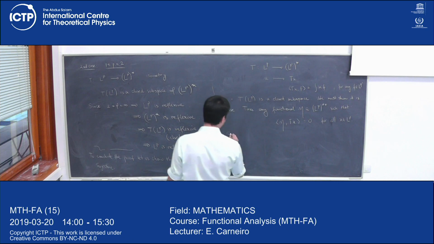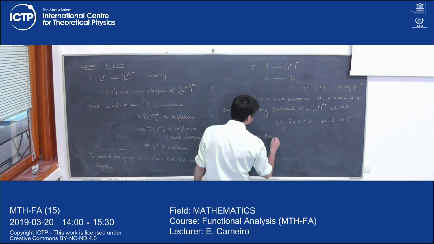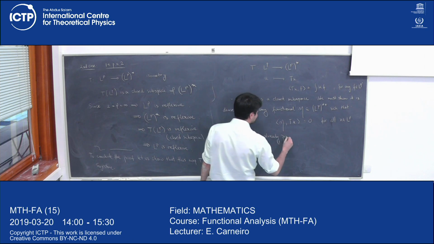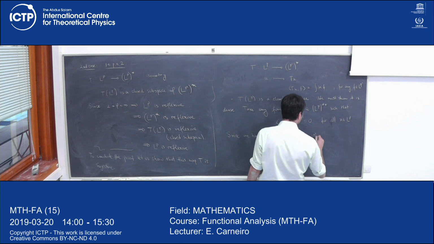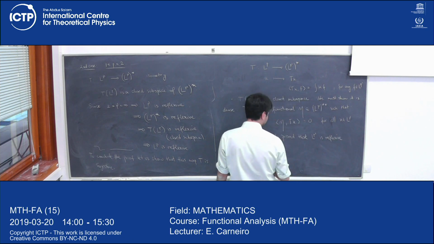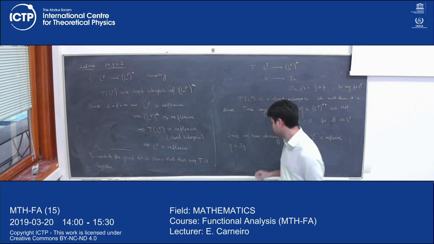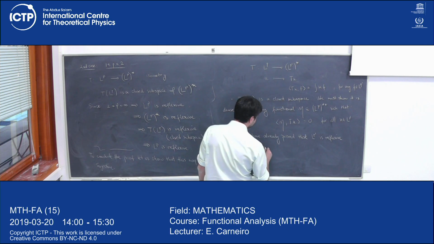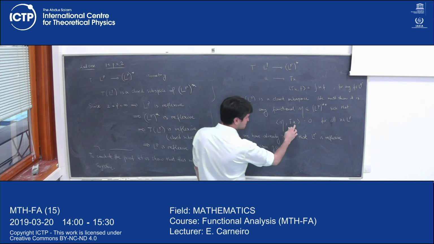So since we have already proved that L^p prime is reflexive, this eta is given by the J of, say, g, for some g in L^p prime. But then, what is this condition?